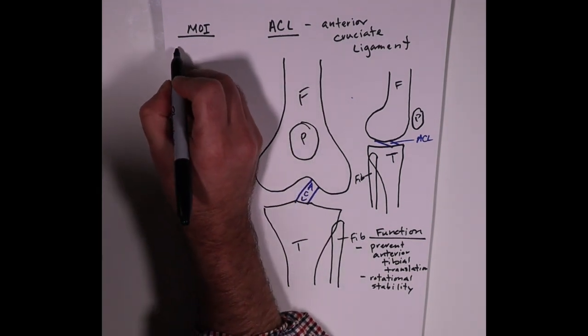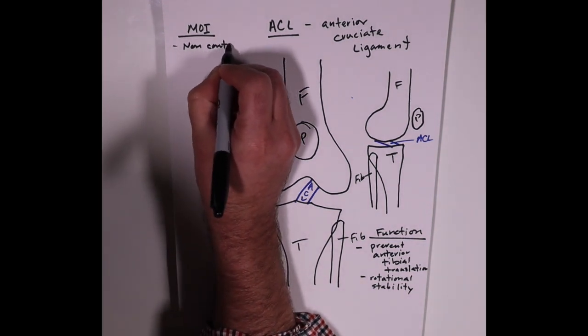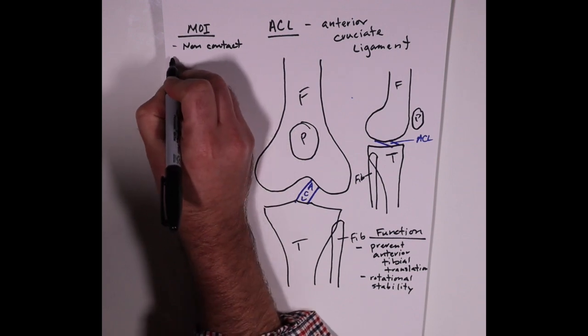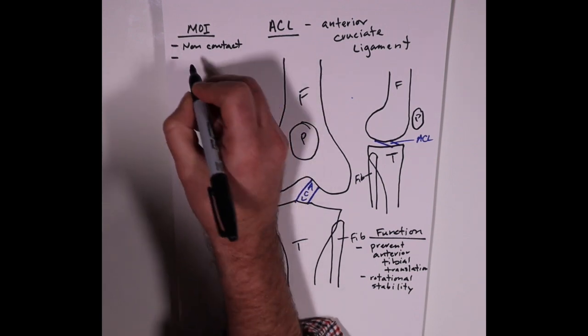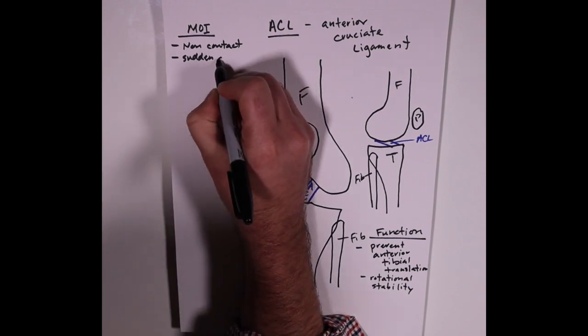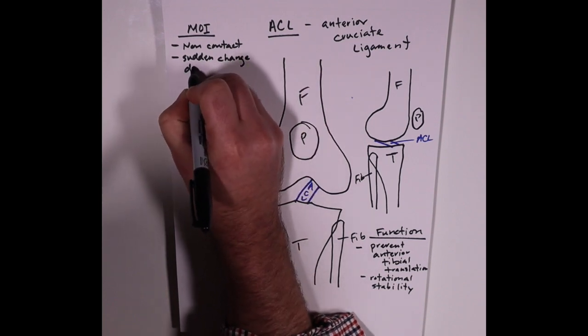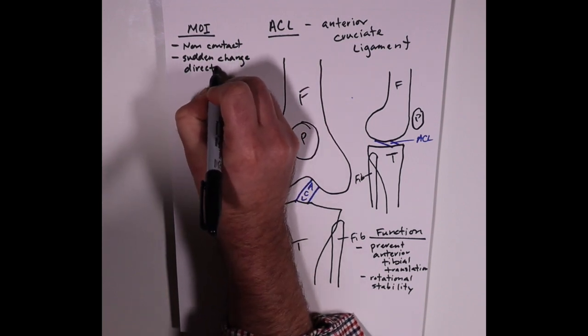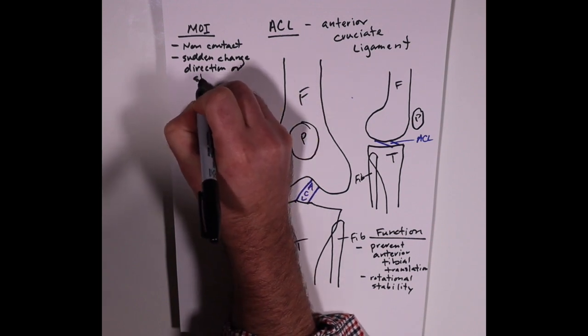So we see that mostly within the sporting community, but you can have it outside of that as well. And it's usually a non-contact injury. It can be associated with contact, but most frequently non-contact. And it involves a sudden change in direction or stopping.